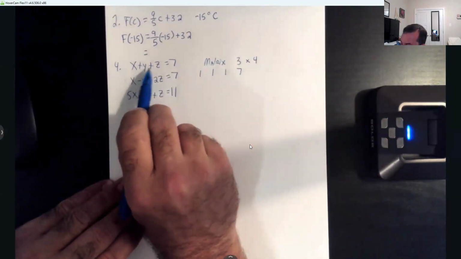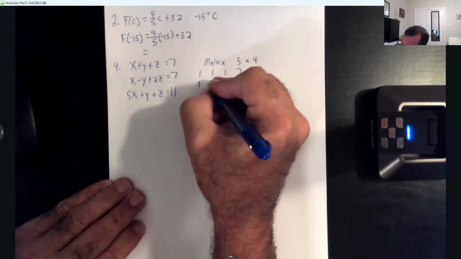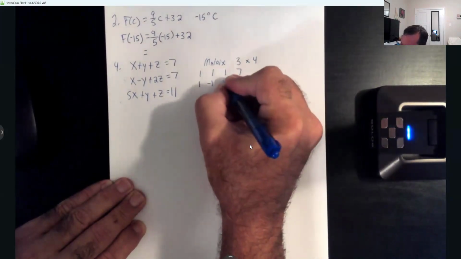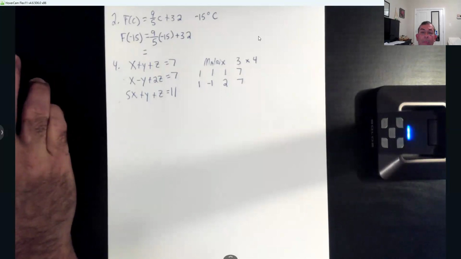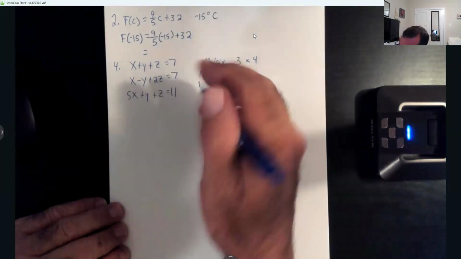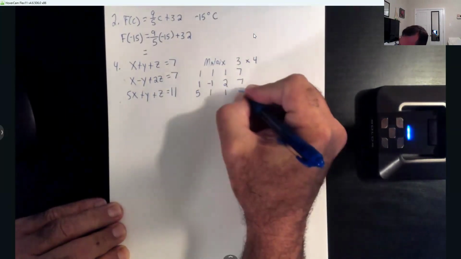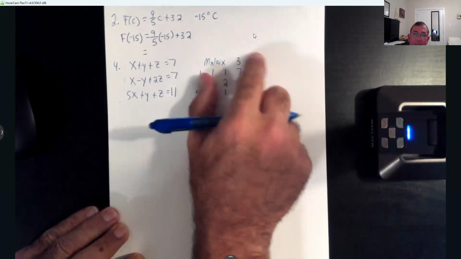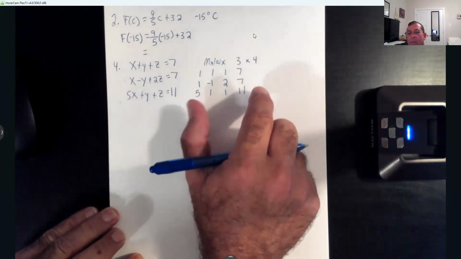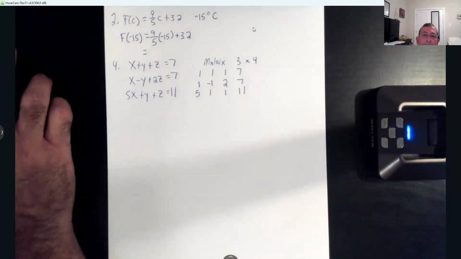So 1x, 1y, 1z equals 7. 1x minus 1y plus 2z equals 7. And then finally, 5, 1y, 1z equals 11. So on the matrix, I'm going to put all this in the matrix when I go to edit it, okay? So y'all, let's go do this on the calculator.